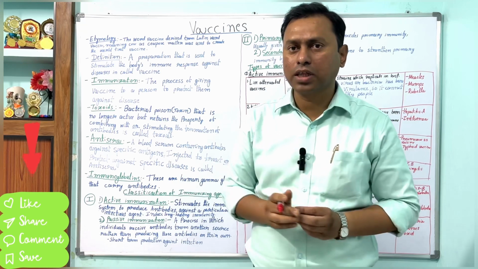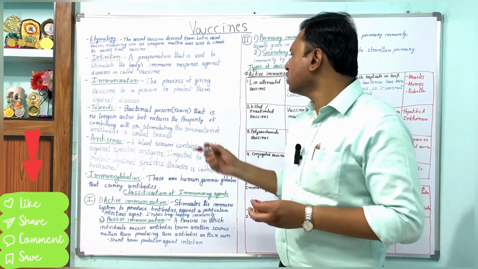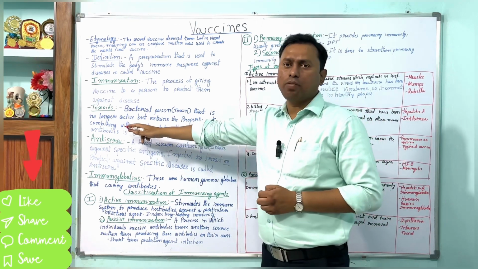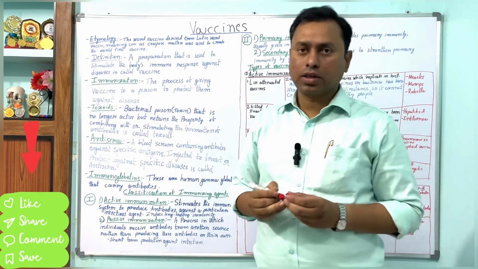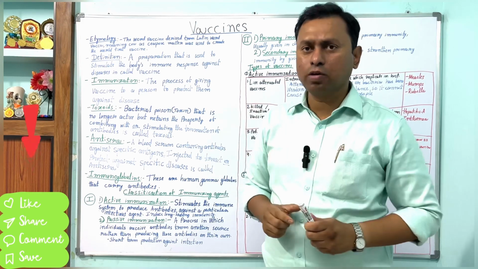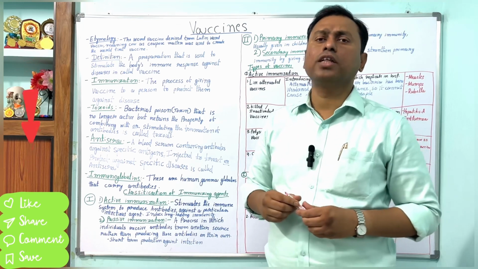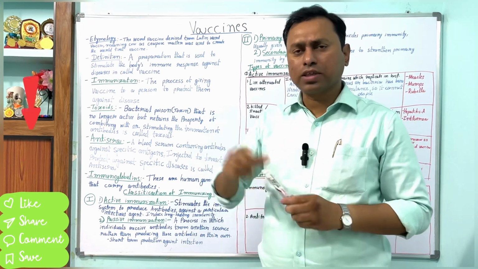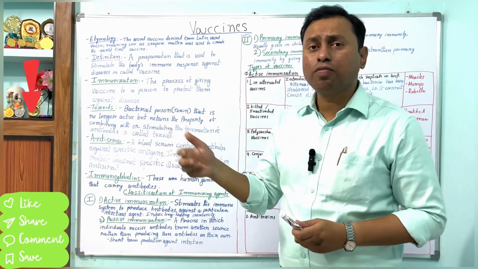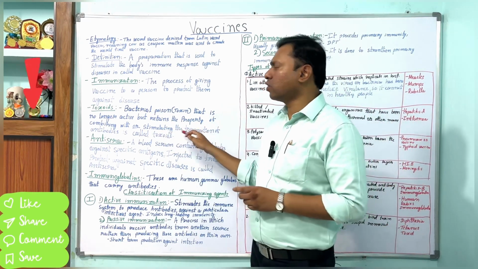The toxicity is not there, but the capacity to increase immunity or produce antibodies remains. It means the toxicity is reduced through a chemical process or through heating, but it is still helpful for increasing the antibodies. Those are called toxoids.